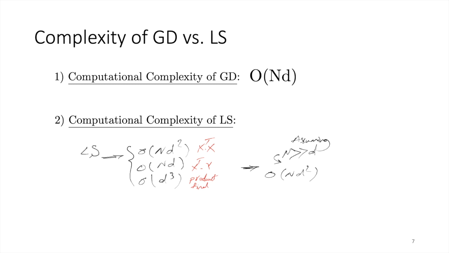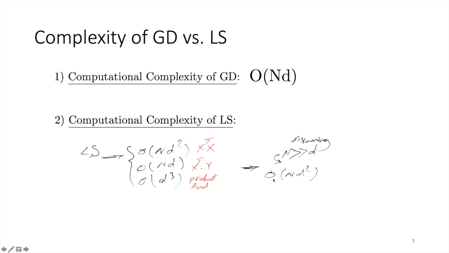We mentioned that gradient descent in general has an asymptotic O of N D, and least squares, because of the pseudo-inverse and the final product, would have these three O's. Depending on the size of N, if N is much larger than D, this would be the dominant one of these three rather than this.